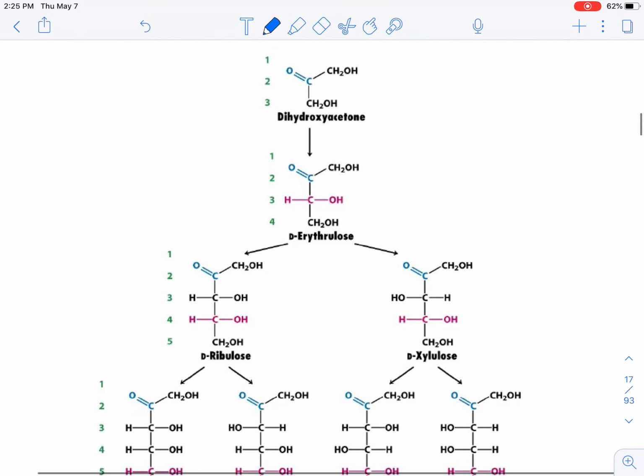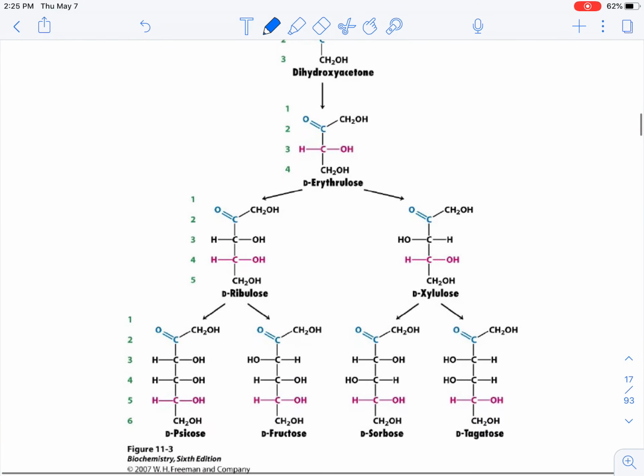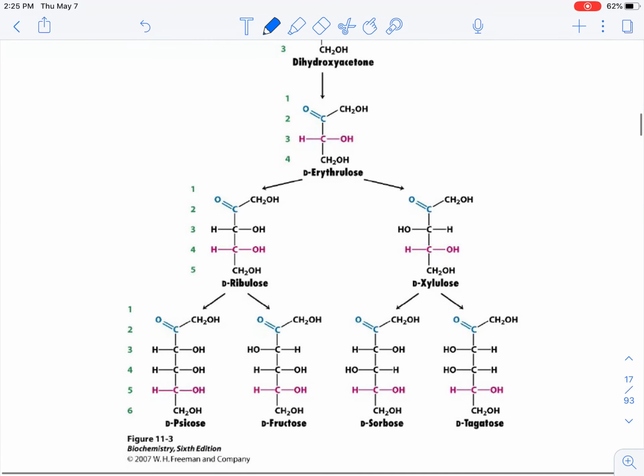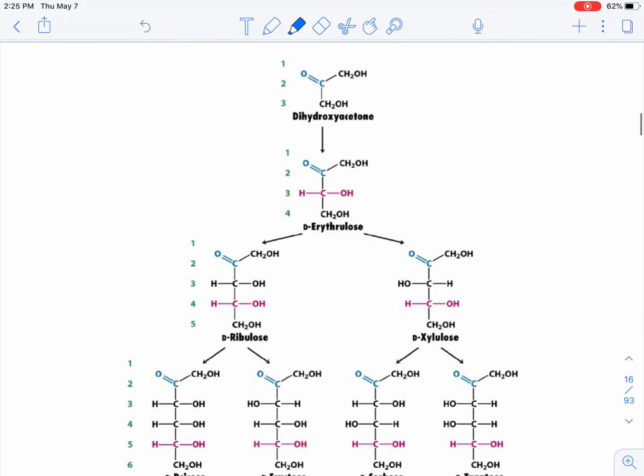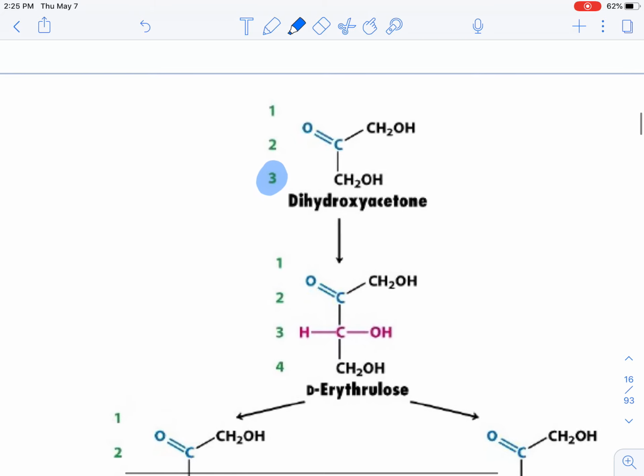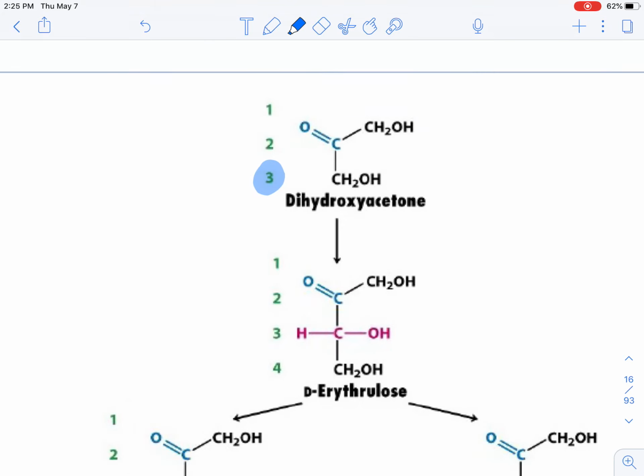For the next two slides, I am just going to show you the different types of sugars. Please recall that 3 carbons is the minimum number of carbons required for a molecule to be classified as a carbohydrate.